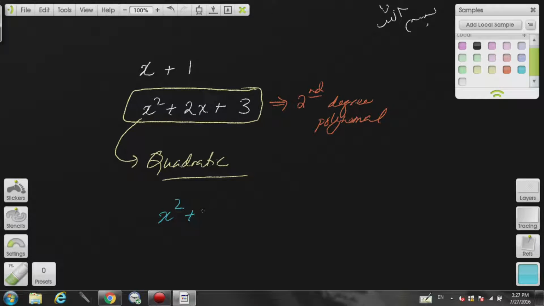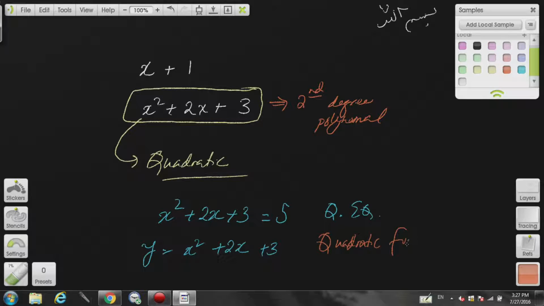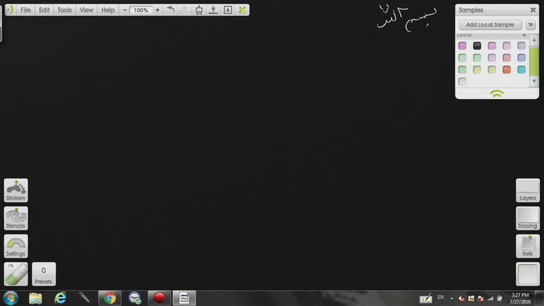So, this is a quadratic expression. X squared plus 2x plus 3 equals 5. This is a quadratic equation. And y equals x squared plus 2x plus 3. This is a quadratic function. Okay? Now again, watch. X squared plus 2x plus 3, it's a quadratic expression.